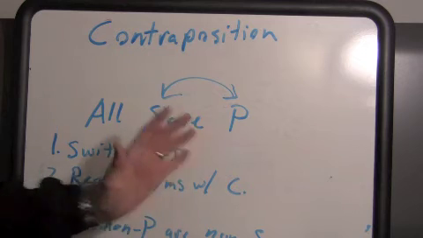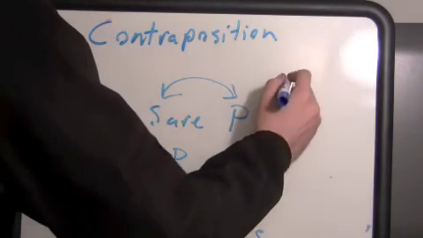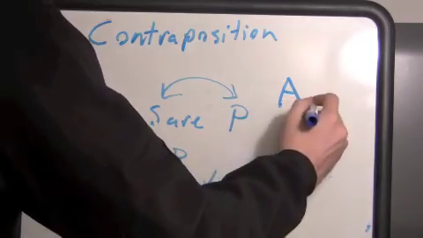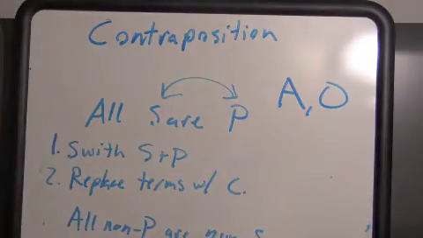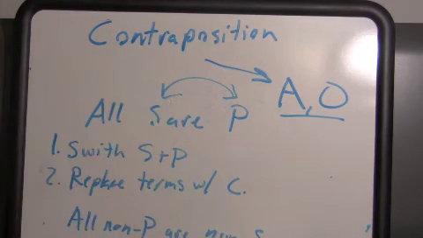Just by thinking about that, that makes complete sense. And what you'll discover as you do your reading and your homework is that contraposition always yields logical equivalence for A and O propositions. Obversion is for all of them, and conversion is for the E and the I.